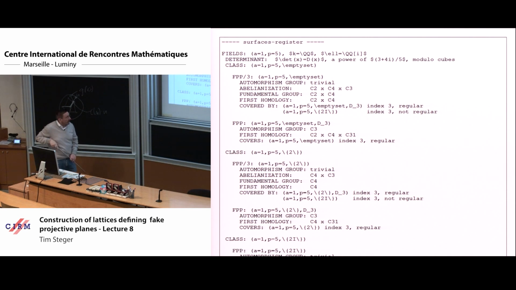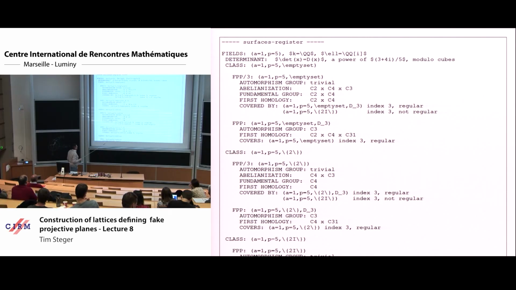Okay, so now I come to the third element on the list. Now this is telling us about the parahorics. In fact, that set here, in this case it's the set with just 2 in it, is telling us at which places we want to use the type 2 parahoric, the funny one.